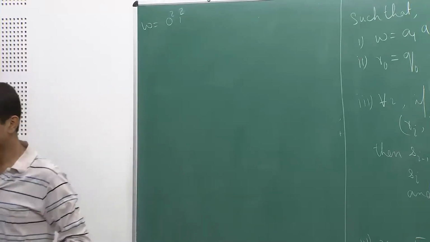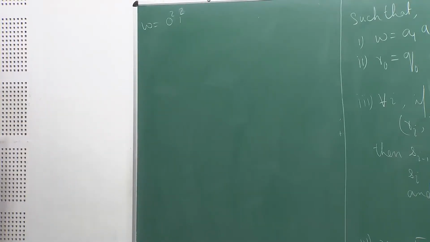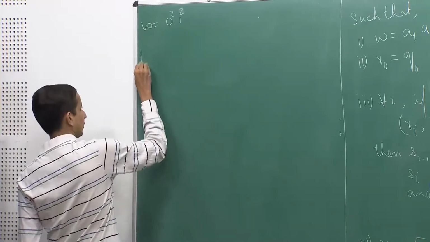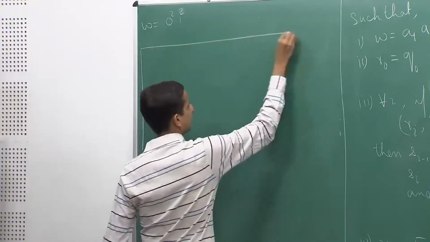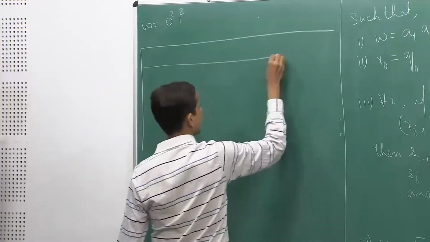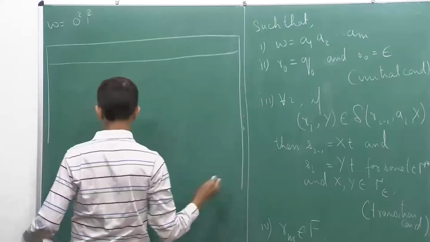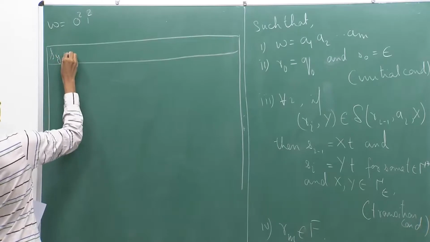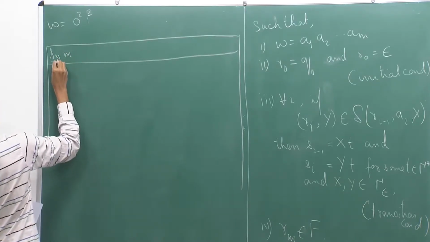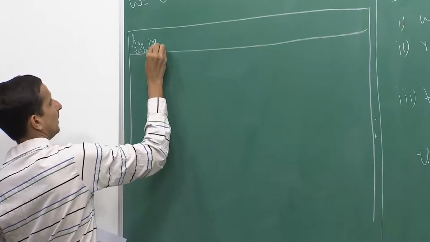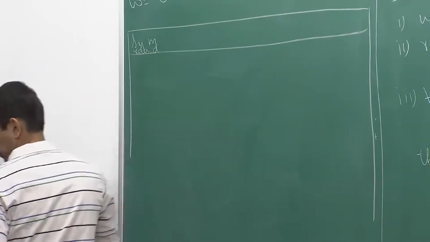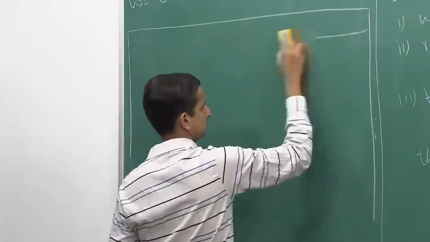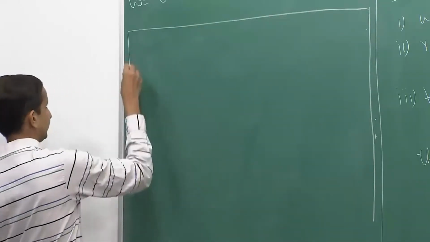On this string, what we will do is construct the following table, where I have the symbol read. Just write it clearly.